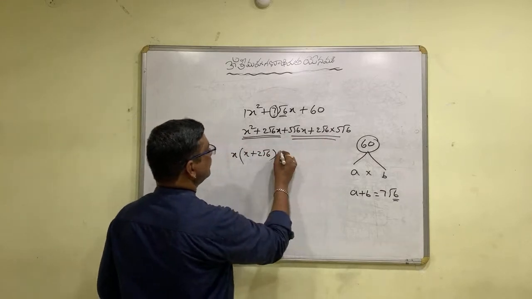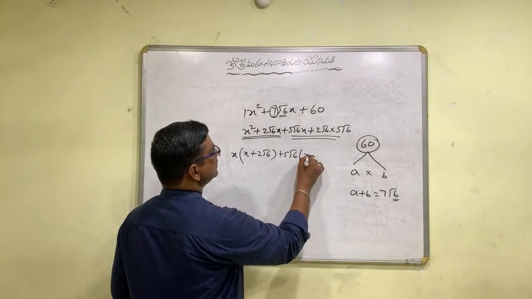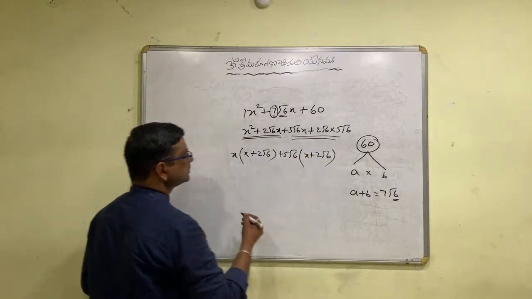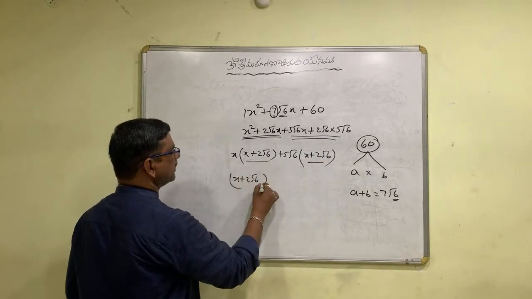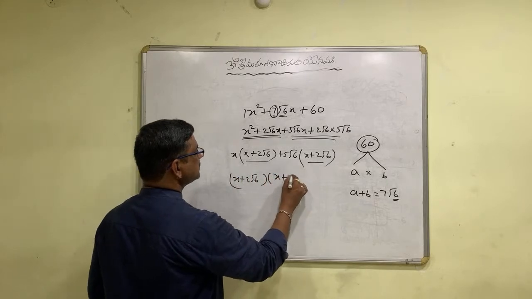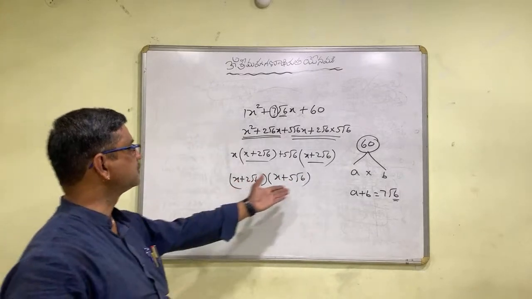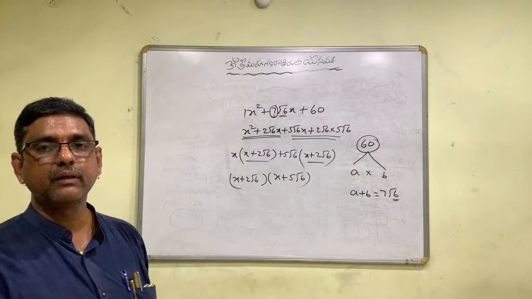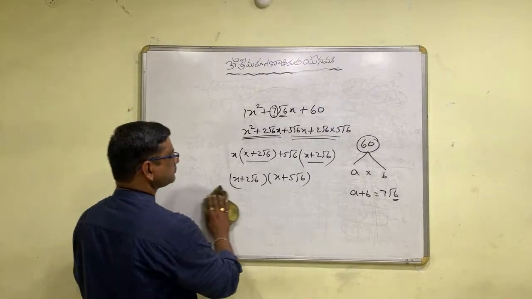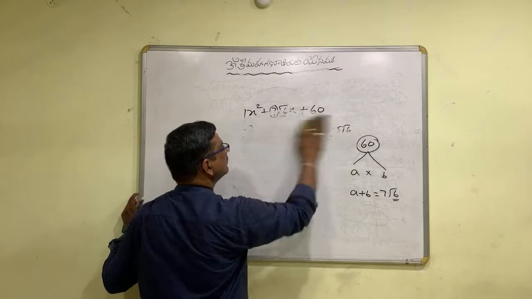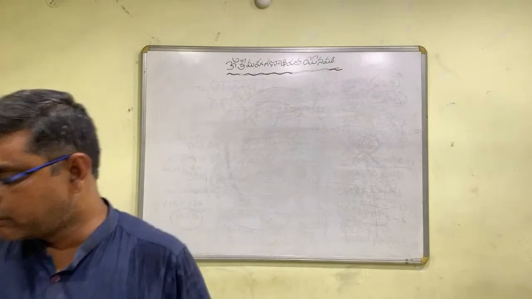And here I will take 5 root 6 common, remaining is x plus 2 root 6. So overall, taking x plus 2 root 6 common, remaining is x plus 5 root 6. Okay, children? Did you understand? Now, one more problem we'll see.